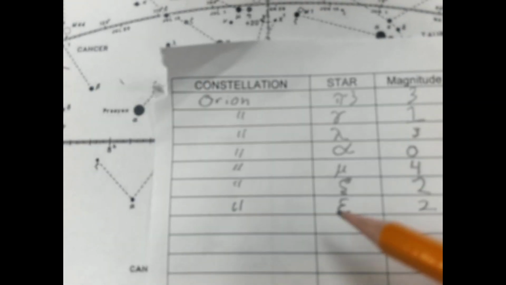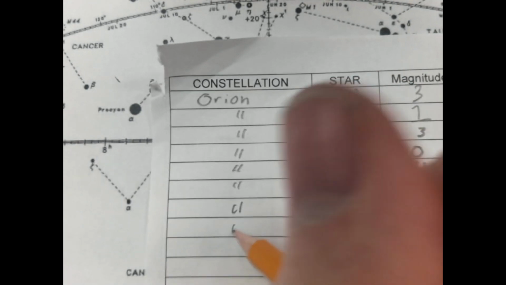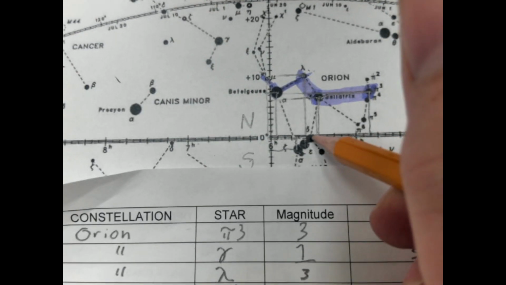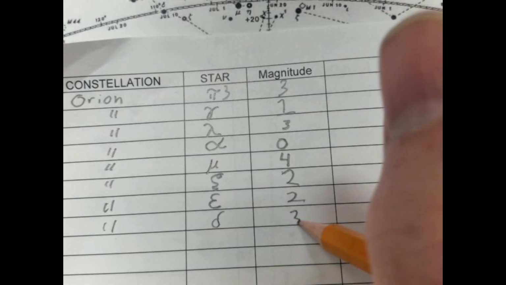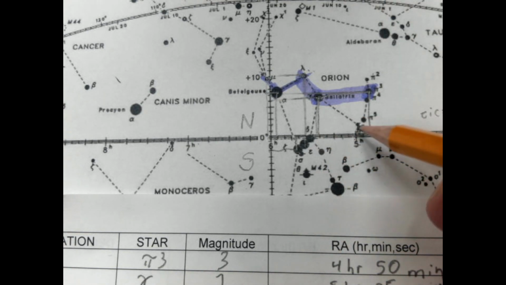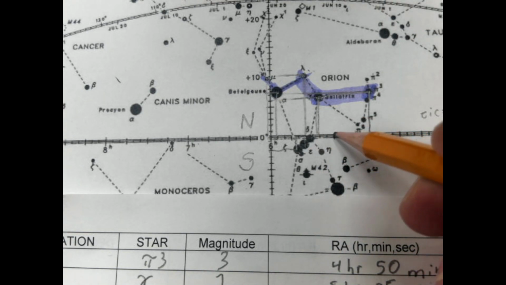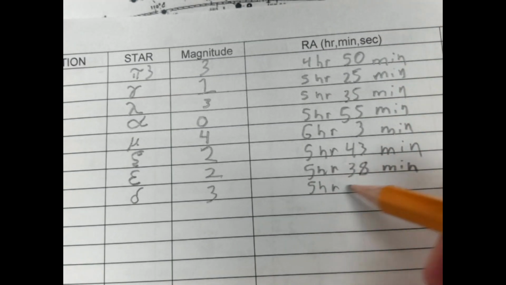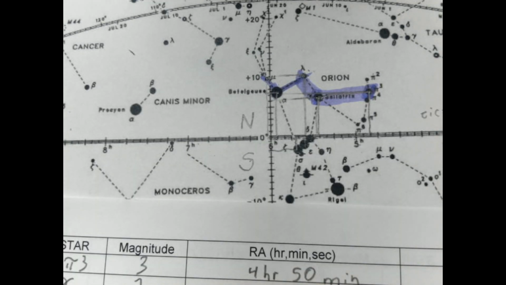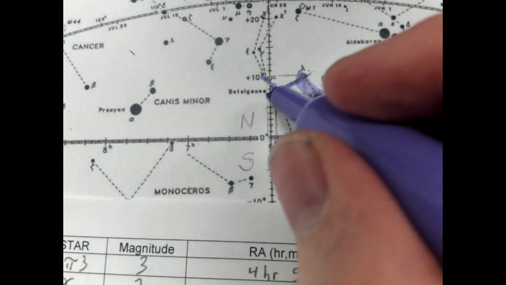Then delta looks again maybe a little bit smaller, so I'll call that a 3. And 5 minutes before, let me double check, 5 hours and 5, 10, 15, 20, 25, 30. All that 5 hours, 30 minutes. And that's right on the line. It's just straight up 0 degrees.